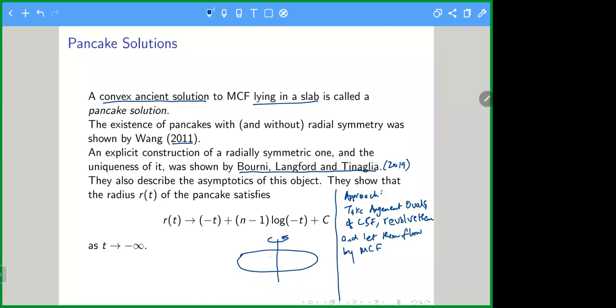Now it's not going to stay an Angenent oval because of the extra dimensions you added. The extra dimensions also contribute to the speed now, and so these won't remain Angenent ovals, but they kind of look like Angenent ovals. And what you do is you take a limit, let's say, for larger and larger.